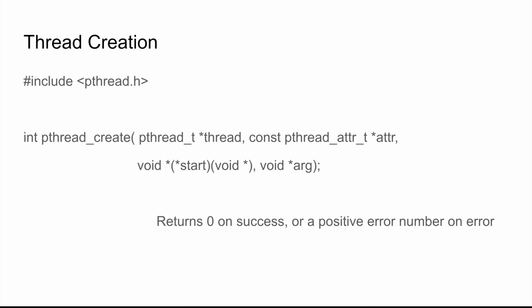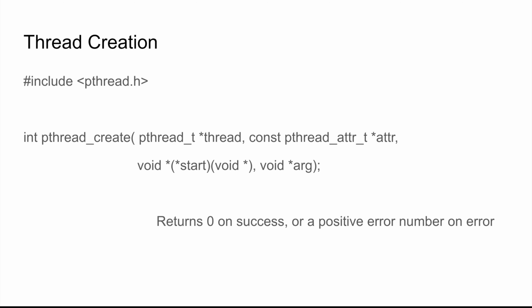This is the pthread create function, which is available in the pthread.h library. As you can see, it is taking four arguments. The first is the thread object, which contains the thread ID and is used to identify a thread uniquely within a process.